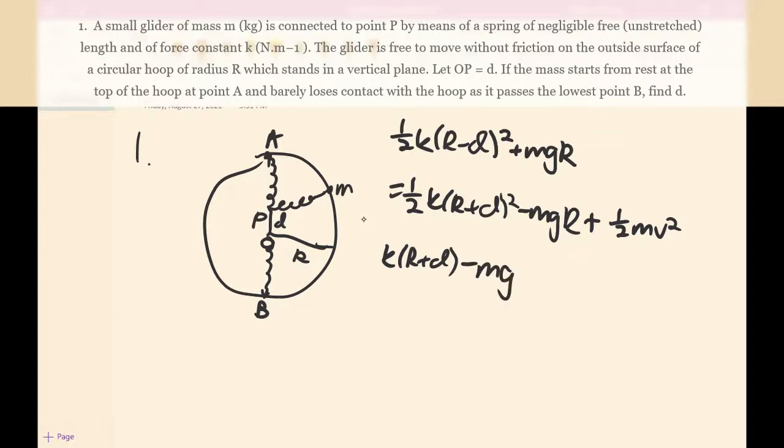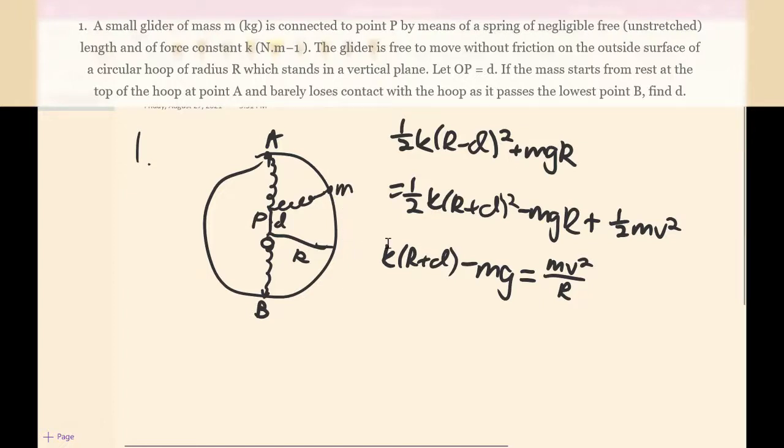And then the normal force from the loop, but since we know that it just barely loses contact there, that force is 0, so we don't need to consider that. This has to be equal to the net force, which since it's circular motion is just mv squared over R.